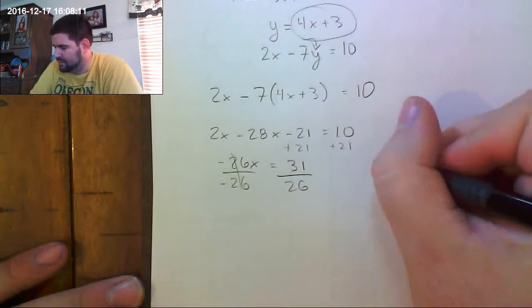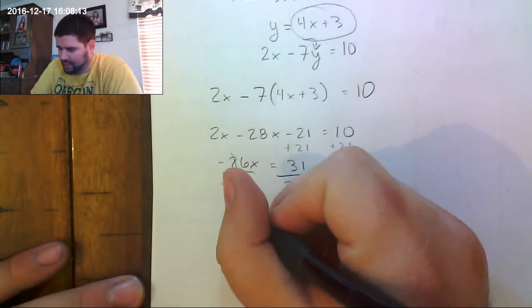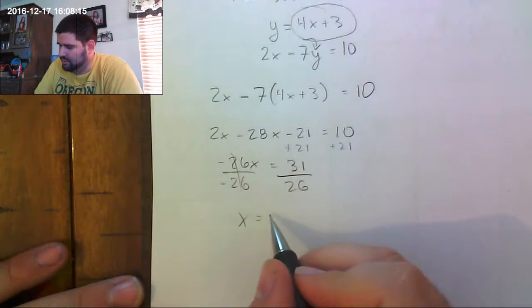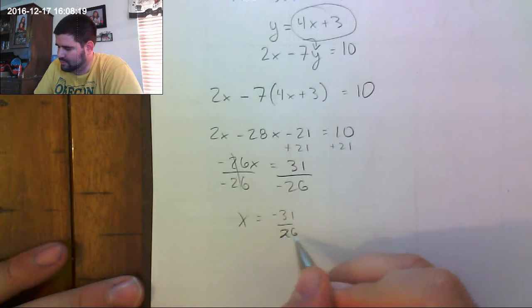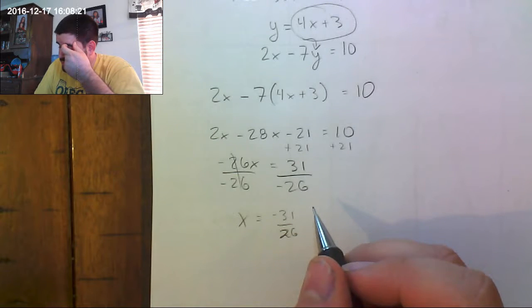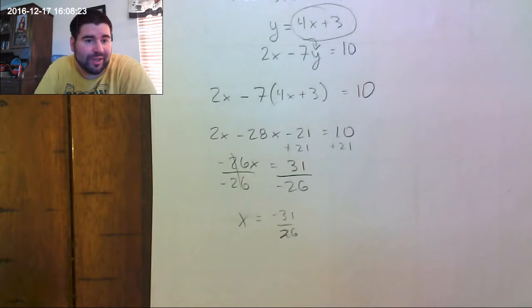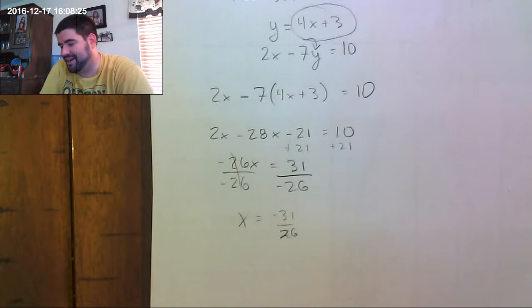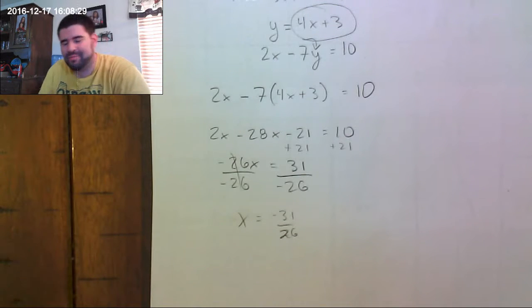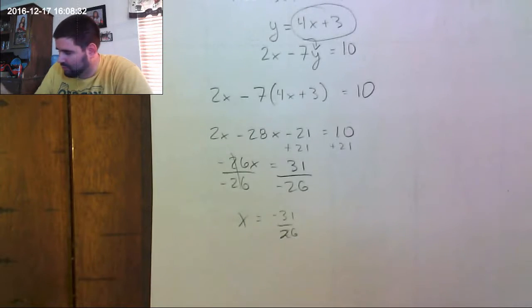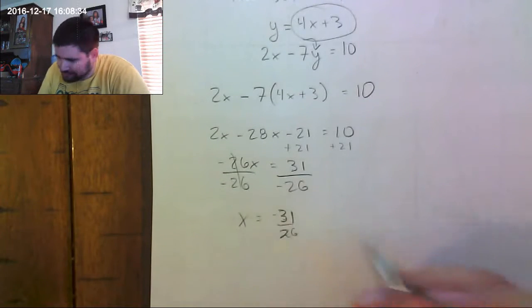Those cancel, and x is going to equal negative 31 over 26. Oh no, I don't think that reduces. So that's going to be a bear of an equation to solve for y. Lovely. But that's okay, because we are rock stars at solving.